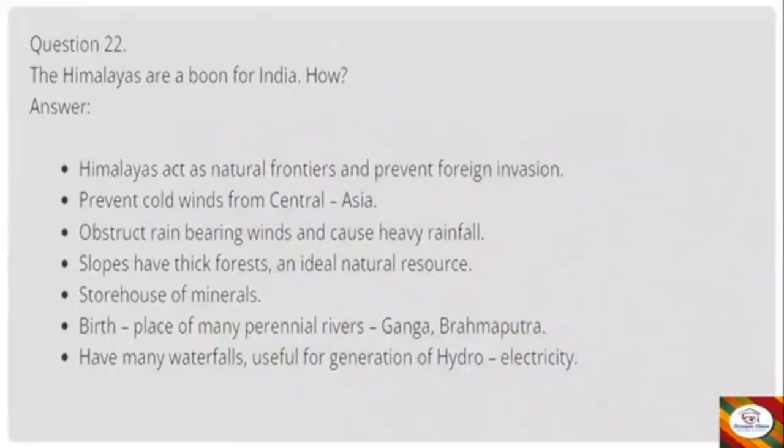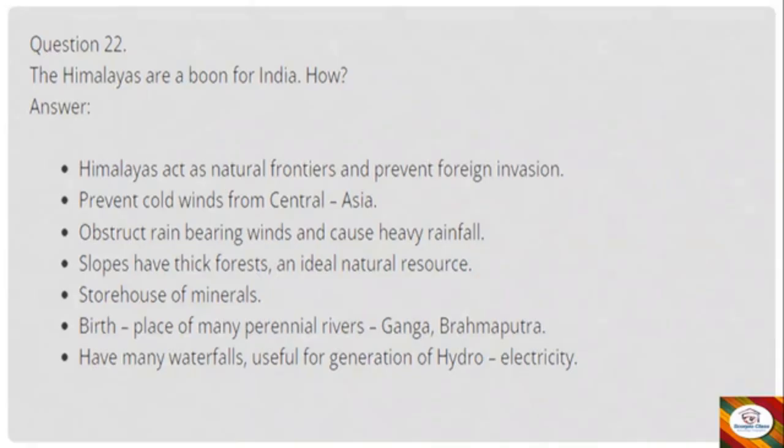Next, question 22. The Himalayas are a boon for India. How? Answer: Himalayas act as natural frontiers and prevent foreign invasion, prevent cold winds from Central Asia, and obstruct rain-bearing winds and cause heavy rainfall. Slopes have thick forests and ideal natural resources.